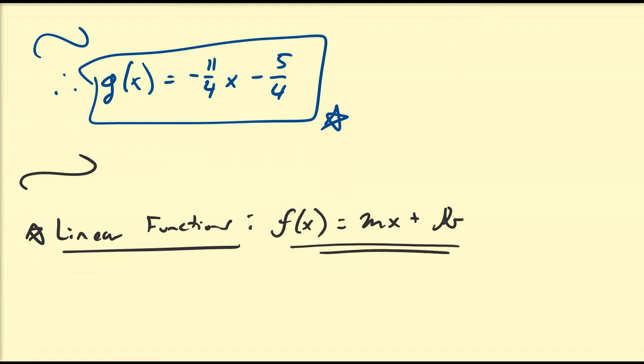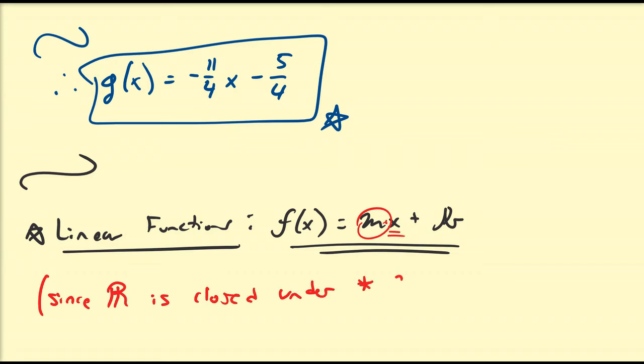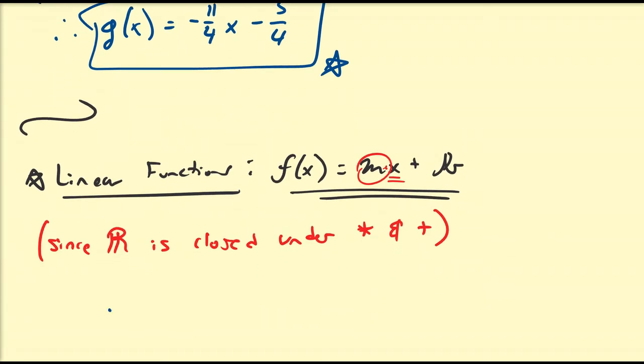Since we have two operations here, a real number times some other real number that we do not know, plus some other real number, and since the set of real numbers is closed under multiplication and addition, we can say that the domain of a linear function f is equal to all real numbers.